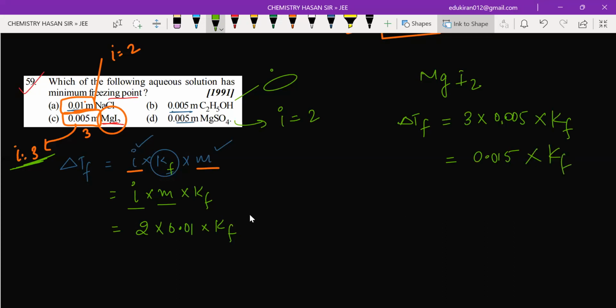And for NaCl, if you multiply it, you will get 0.02 into KF. Which one is greater, NaCl or MgI2? So you can write A. A is the answer.